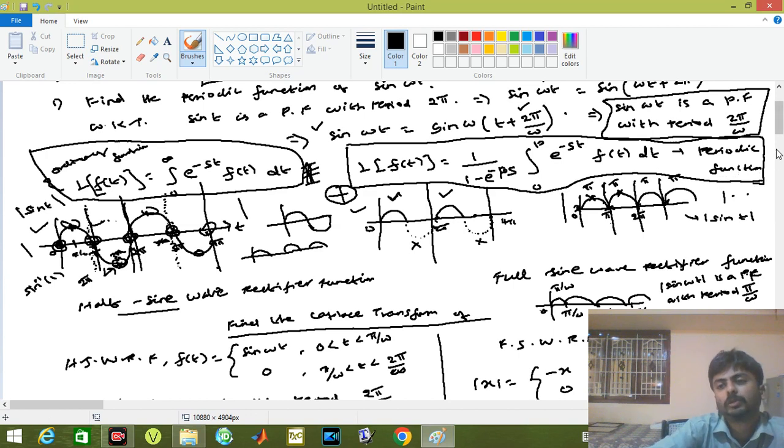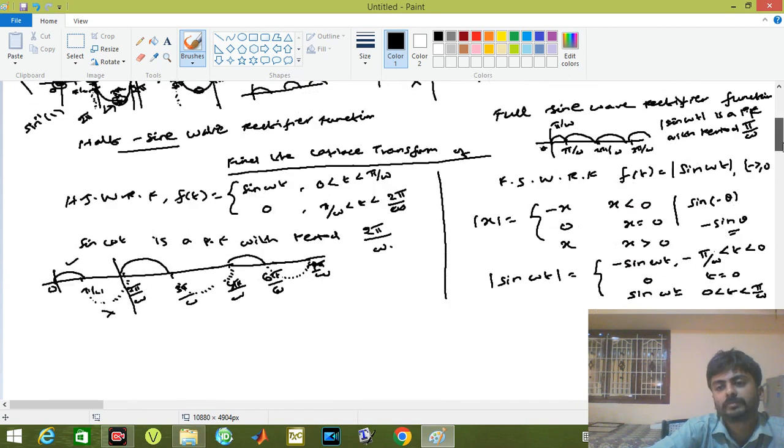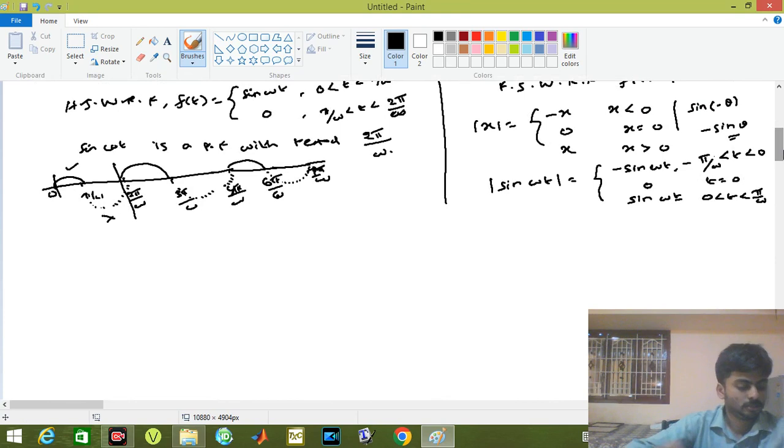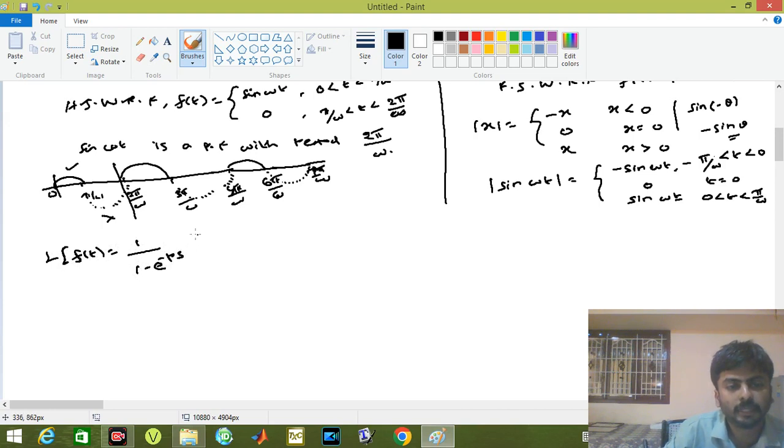Okay, so the formula is, for a periodic function we will get L of f of t equal to 1 by 1 minus e power of minus ps, integral 0 to p, e power of minus st f of t dt.